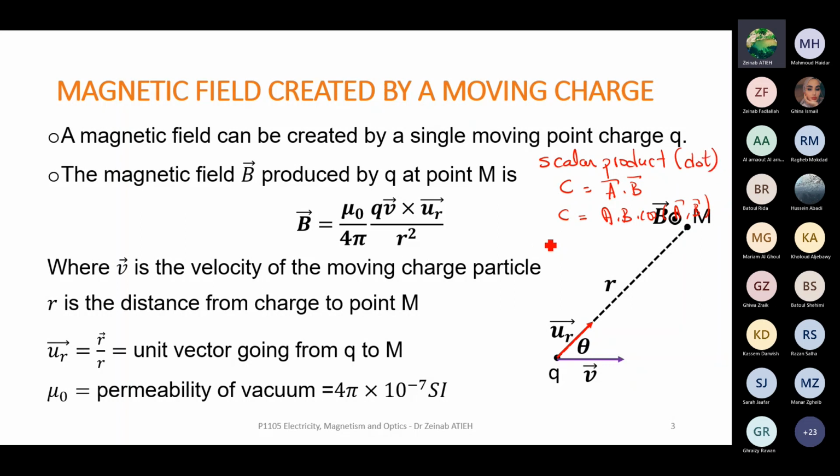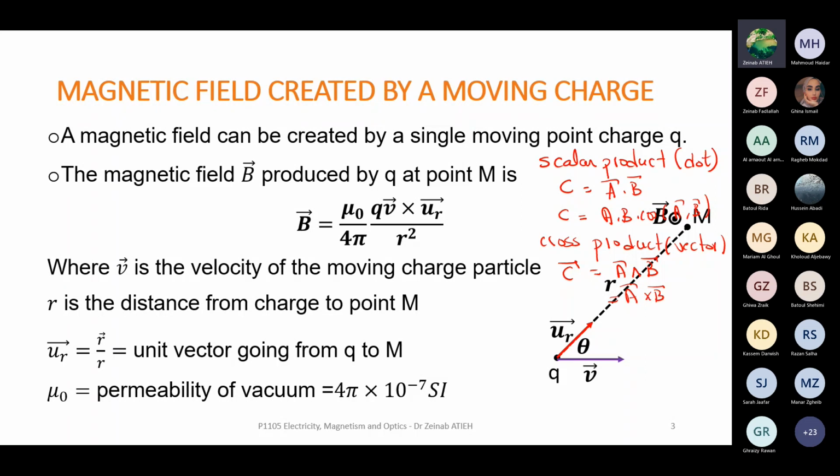Now the cross product, or vector product. It's not a scalar, not a number like above, it's actually a vector. So we say C vector equals A vector cross B vector, or it's written with a multiplication symbol like this.